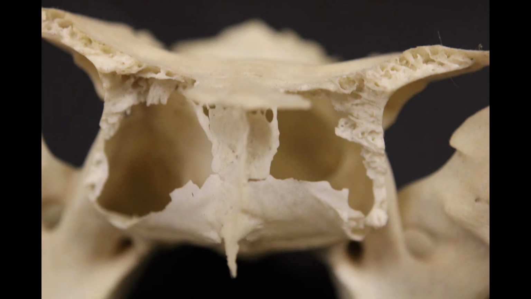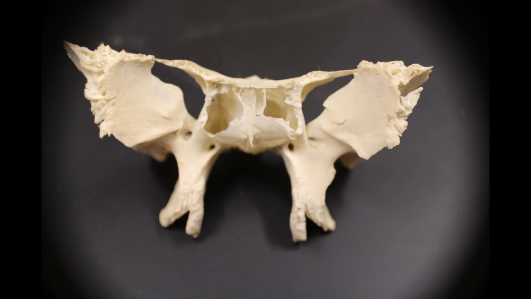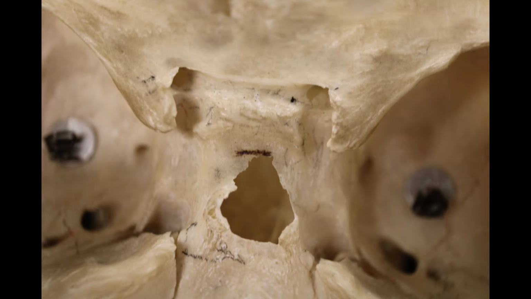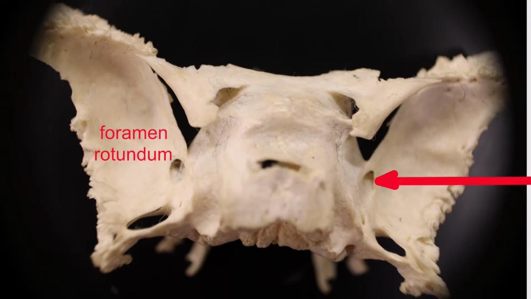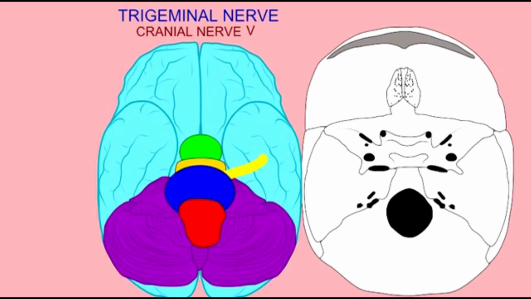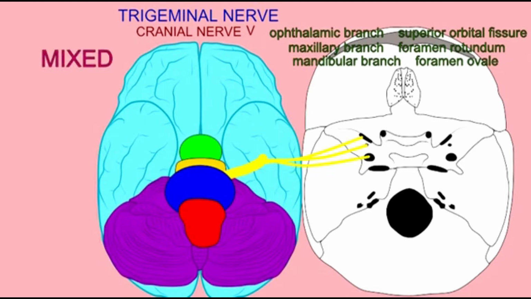They serve to lighten skull bones, provide resonance chambers for speech, and the mucus provided drains into the nasal cavity where it helps moisten incoming air, and the mucus can bind foreign material and thus help protect the lungs. The sphenoid bone has a few additional foramina, such as the foramen rotundum, which is round, and the foramen ovale, which is oval, which serve for branches of the trigeminal nerve.